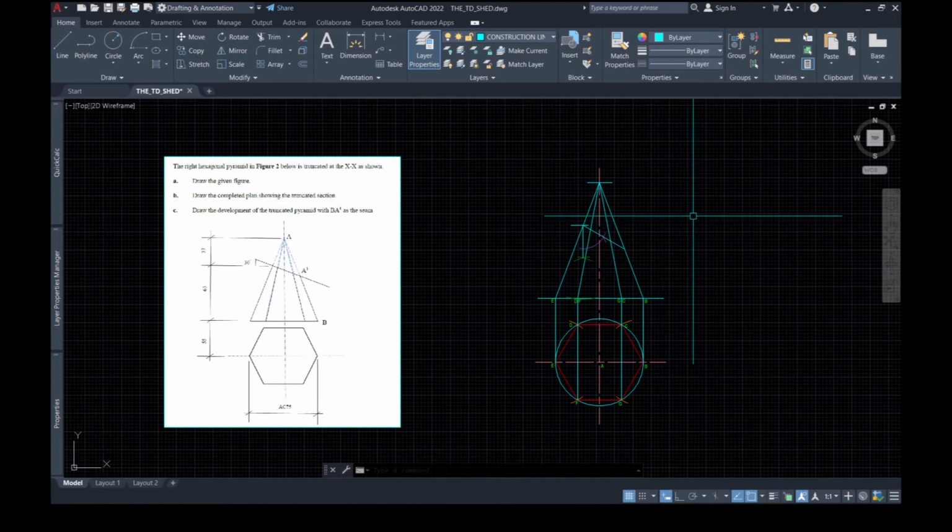Now that we have established our cutting line, we could proceed to complete the elevation of the truncated pyramid.